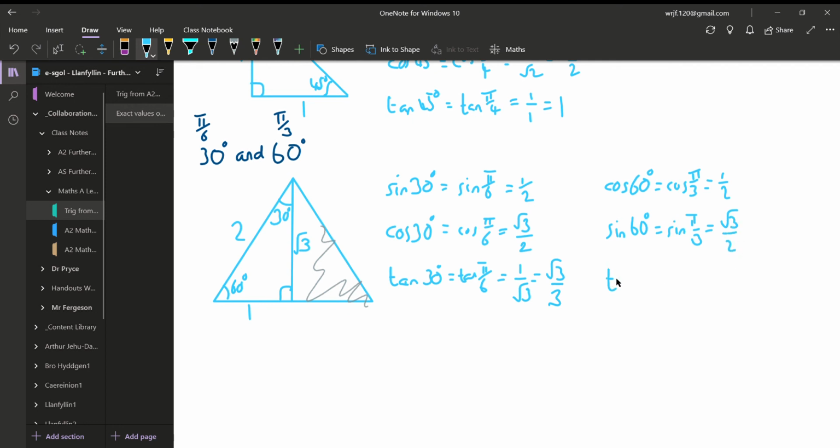And finally, with our tan. So tan of 60 degrees, same as tan of pi over 3 radians. So we're looking now at opposite over adjacent, root 3 over 1, or just root 3.